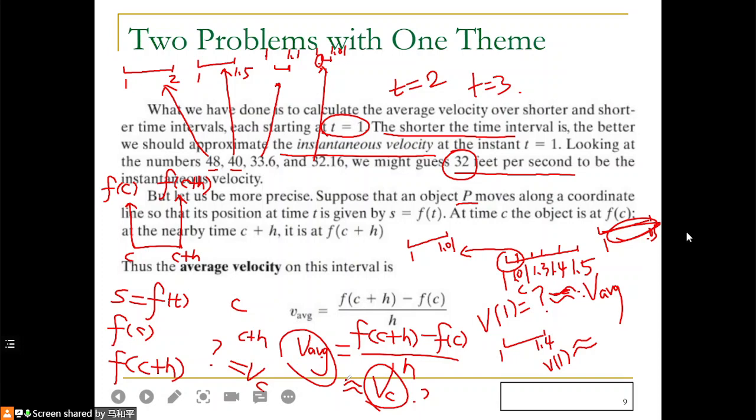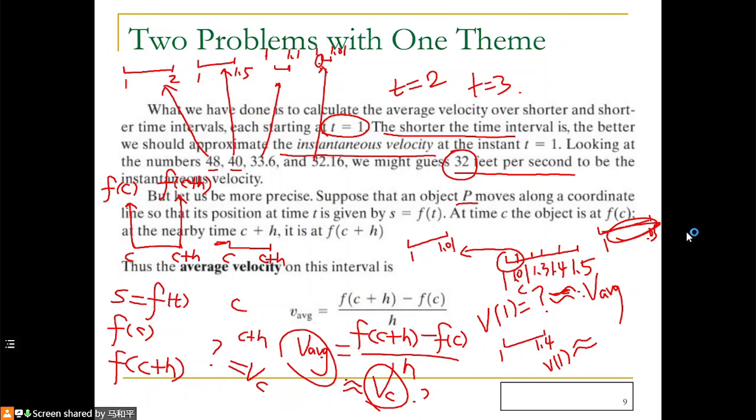The shorter the time interval, the better we approximate the instantaneous velocity. This interval goes from c to c plus h. How can we make this interval shorter and shorter?